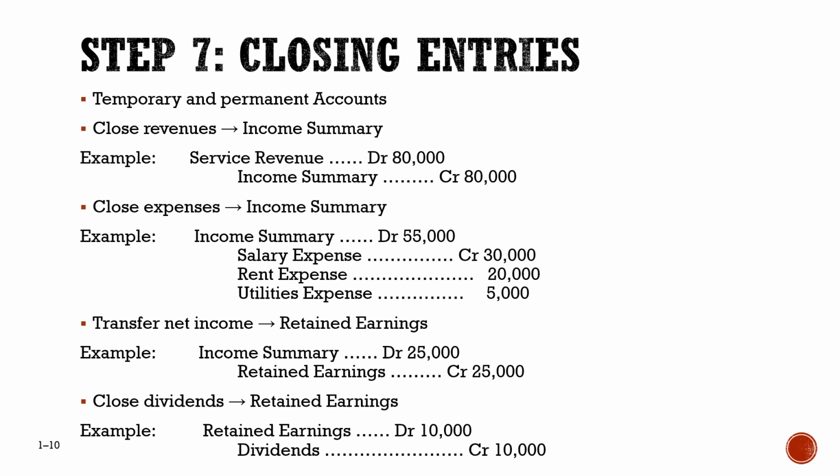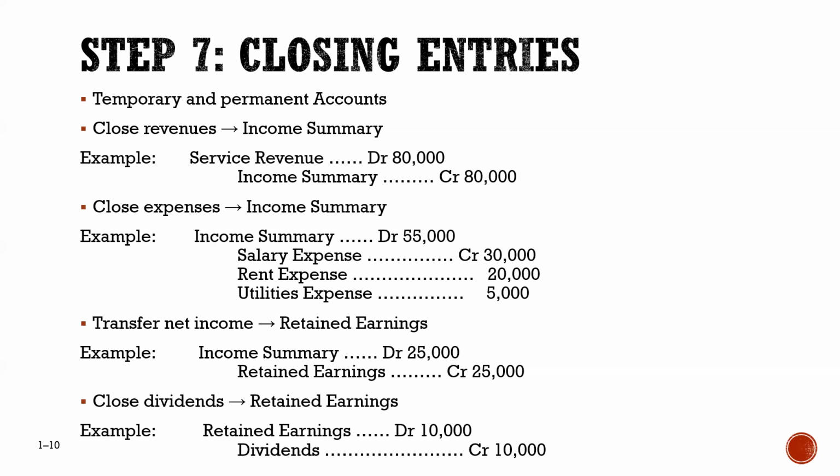For example, suppose salary expense is 30,000, rent expense is 20,000, and utilities expense is 5,000. To close all of them, the income summary account is debited, and salary expense, rent expense, and utilities expense are credited, totaling 55,000. Now all expense accounts become zero.